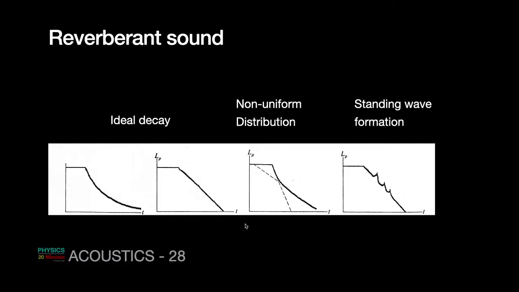But most of the time in large halls, theaters, and auditoriums, the sound distribution is non-uniform, in the sense that in some corners sound will be too intense and in other corners sound may not be that intense. Therefore, as the sound decays, it travels from one side to the other, and non-linearity can come in. Sometimes the room supports standing wave formation.